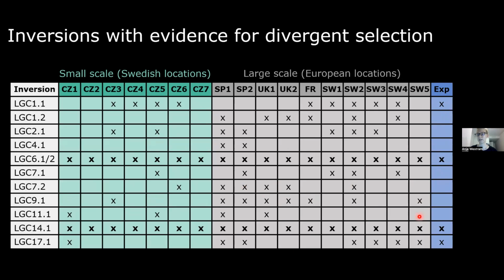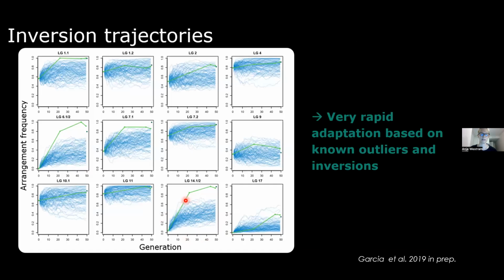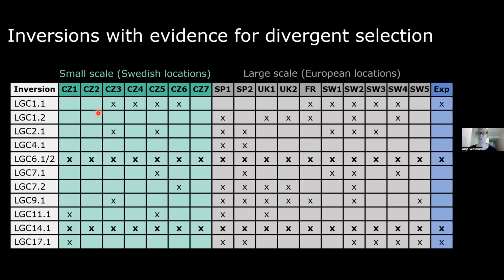And maybe most interestingly, those inversions that have shown a pattern in all these locations that we have studied also very strongly respond to selection in this experiment. So this is this inversion and this inversion that shows an extremely strong pattern of going from almost 0 to almost 1 in the course of just a 30-year experiment. So these seem to really strongly contribute to adaptation in this system.